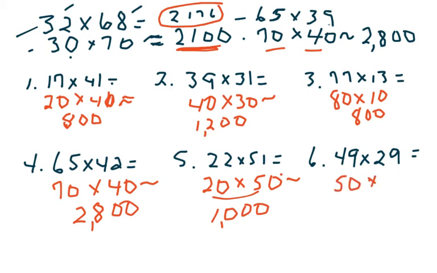Closest to 50. 29, either 20 or 30. Closest to 30, right? So an estimate would be 5 times 3, 15, 1,500. Nice. Well, that's a good way to estimate, and like I told you, estimation is really important.